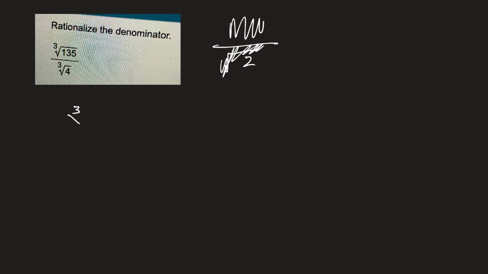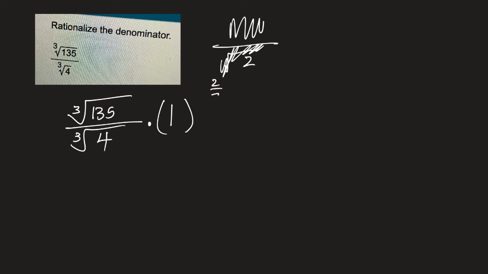So our question is the cube root of 135 over the cube root of 4. What I'm wanting to do is multiply top and bottom by 1, and it won't be 1, but basically 1, and I'm going to change 1 to something else, like it could be 2 over 2 or 4 over 4 or anything over itself, because anything divided by itself is actually equal to 1.